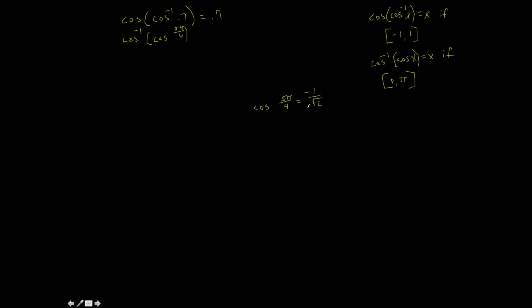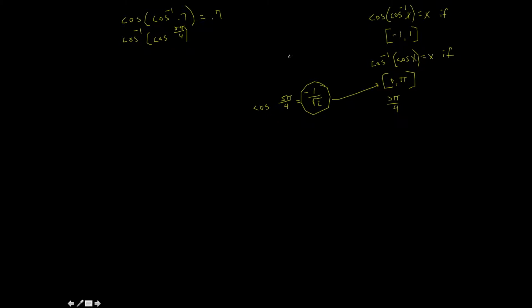So what angle in this interval right here has a cosine that's negative 1 over the square root of 2? Well, the angle in that interval that has a cosine of negative 1 over the square root of 2, or negative square root of 2 over 2, depends how you learned it, is going to be 3 pi over 4.